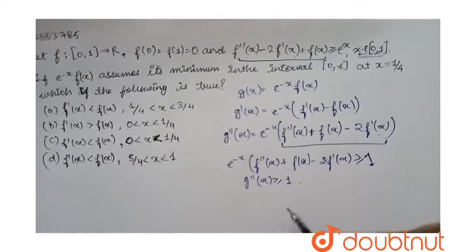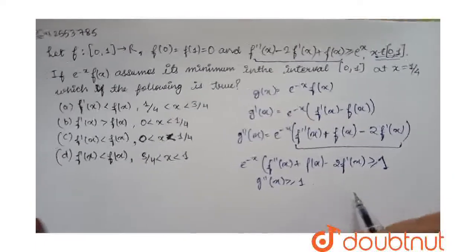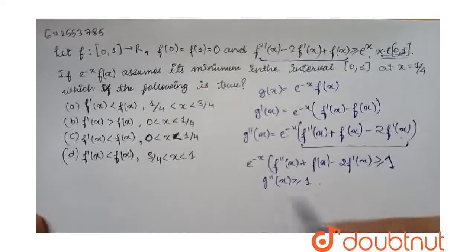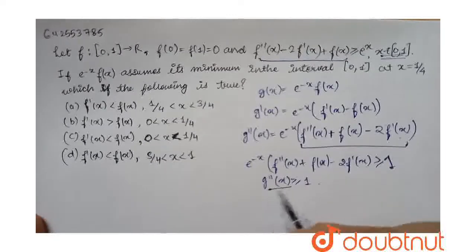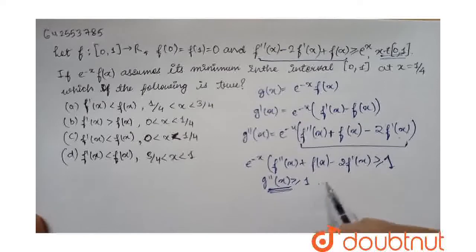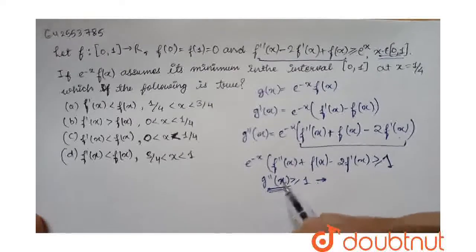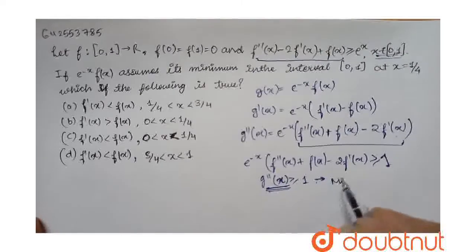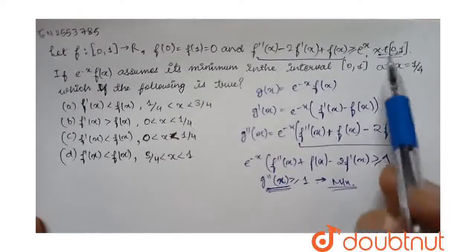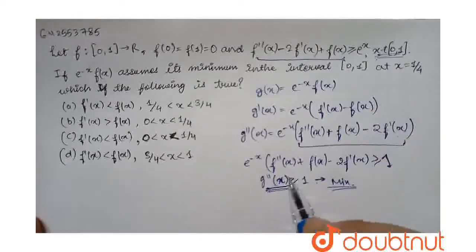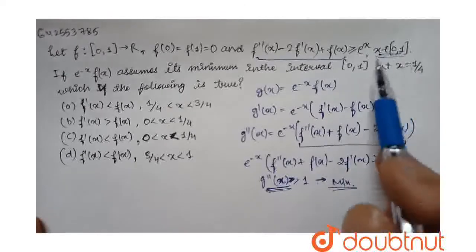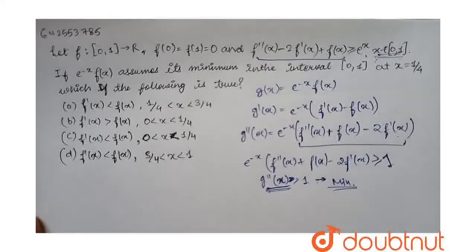Okay, so now we can say, using the principle that we know, if a function's double derivative is greater than 0, then at that point there is a minima, and since it is greater than 0 for x belonging to 0 to 1, there is a minima in it.